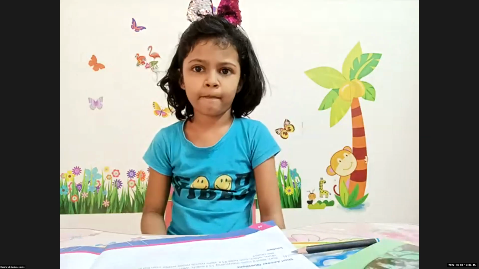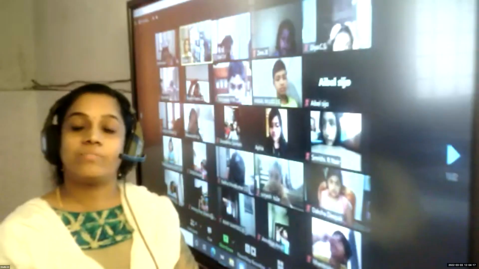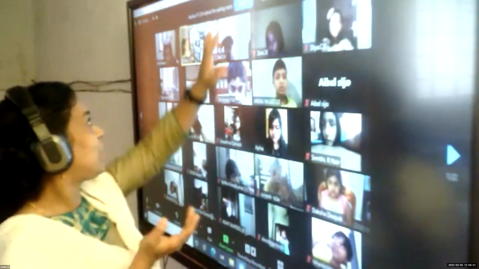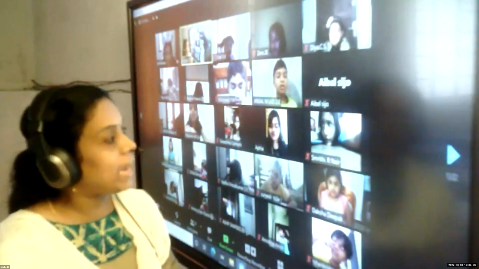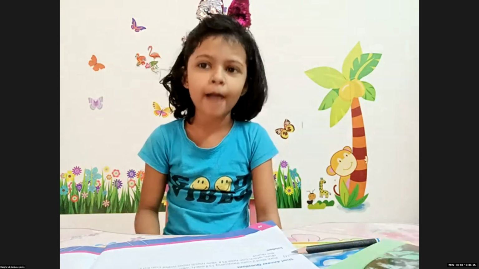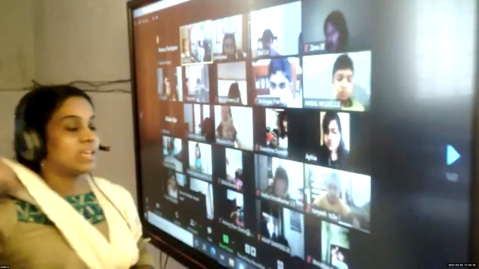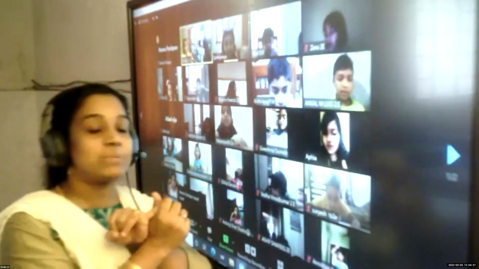Next, we studied about measuring the weight of things. For finding weight, we will use milligram, gram, and kilogram. Milligram is the smallest unit.